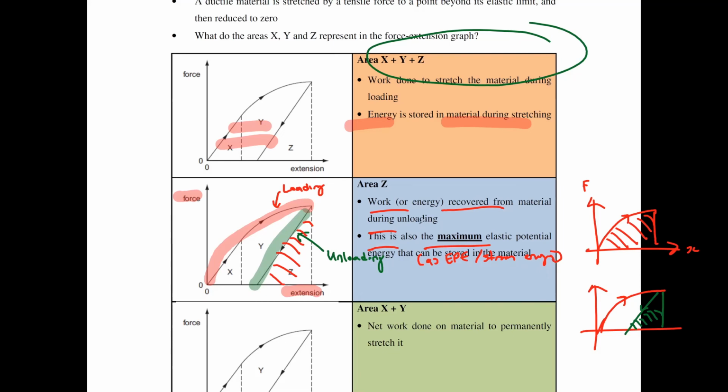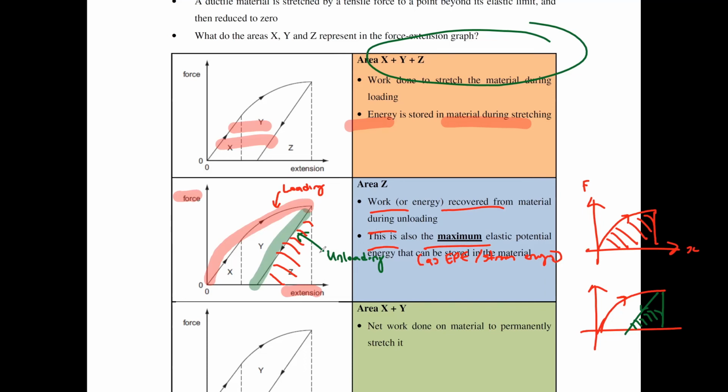Remember that I mentioned to you, if you remove the load, your material will try to go back to its original length. During the time that it goes back to its original length, whatever work that you have done onto the material, whatever energy that has been stored will be released back.